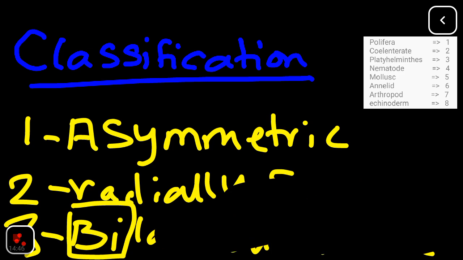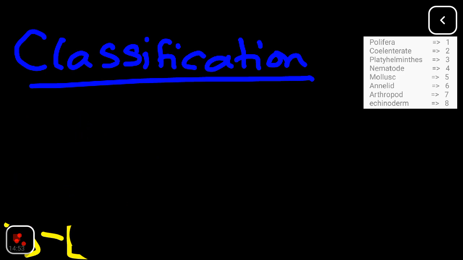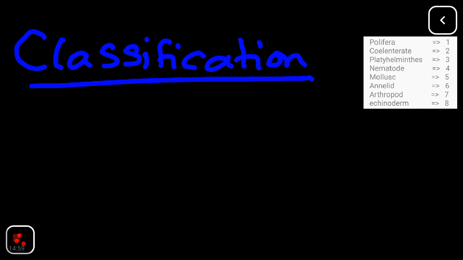Next, we're going to discuss the body cavity, something you call coelom. There are animals that don't have a body cavity and animals that have a body cavity, so it's very easy to recognize them. A body cavity is just a space in your body. Like my chest, there's space in my chest.